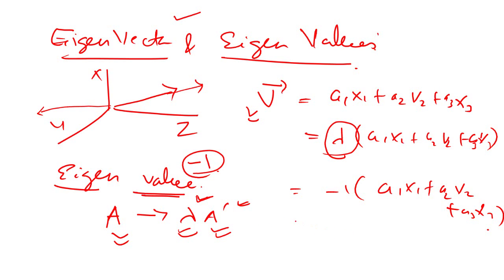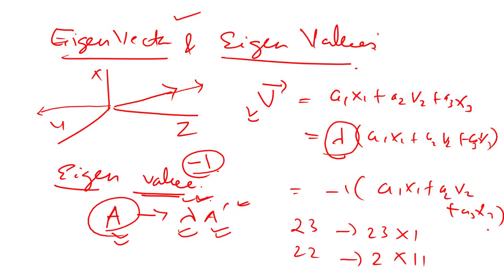Say for example, 23 is a product of 23 into 1. 22 is a product of 2 into 11, right? Similarly, every matrix is a product of an eigenvalue and an eigenvector. So how is it related to our analysis, and why should one study this?